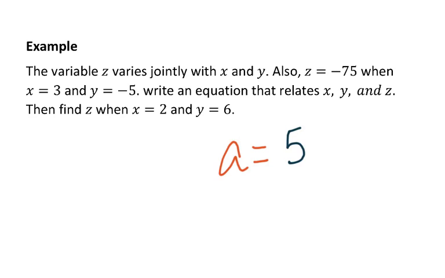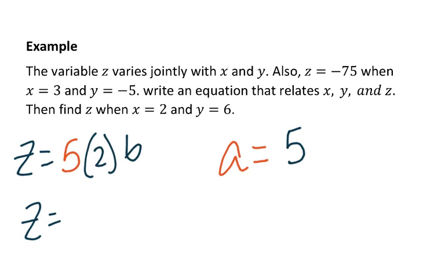So we can do that real quick. Z equals the constant of variation, 5, and my x is 2, and y is 6. 30 and 2, we have 60, so z is equal to 60.